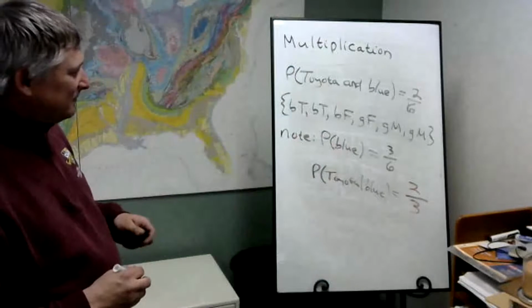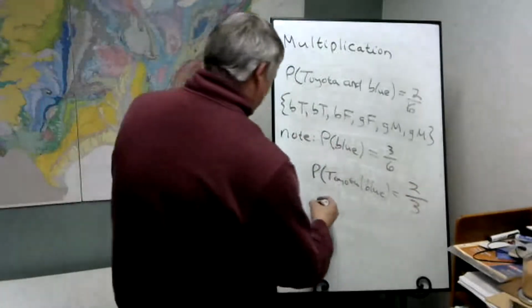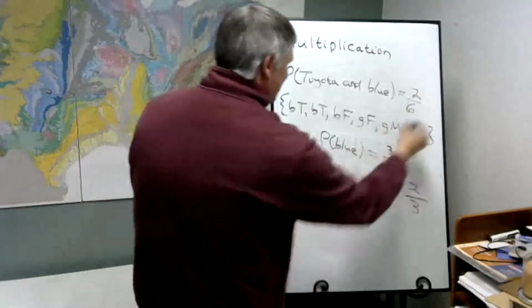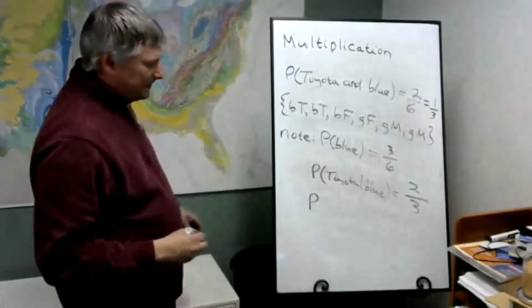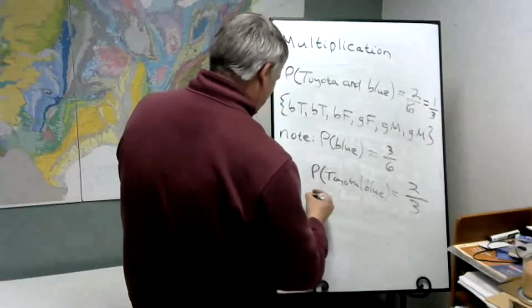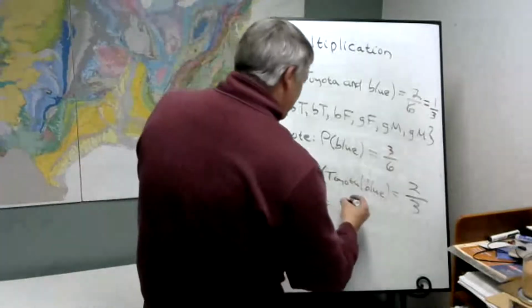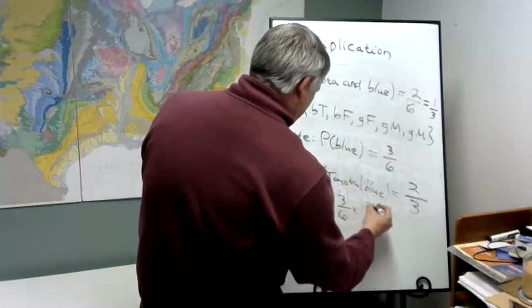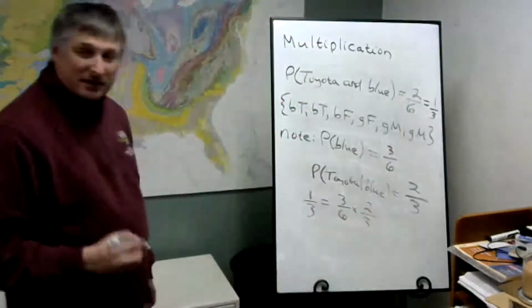All right. So this is what we're going to do. This here, it reduces to 1/3. We can rewrite this: 1/3 is the same as 3/6 times 2/3. You're going to get the same thing.